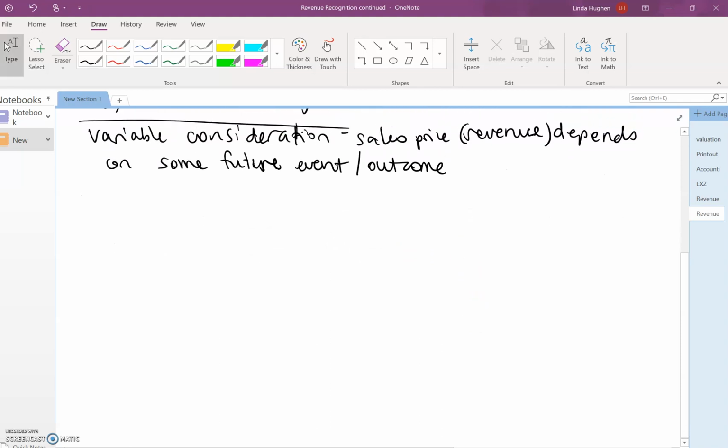And there are 2 ways to estimate what our revenue will be when we have variable consideration. 2 methods of determining the transaction price.